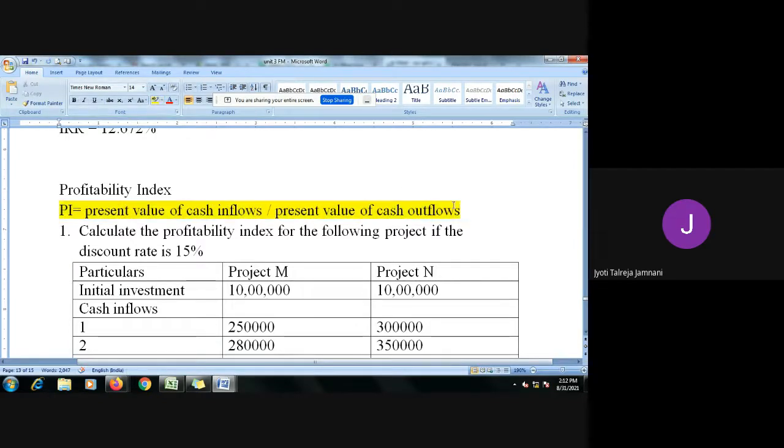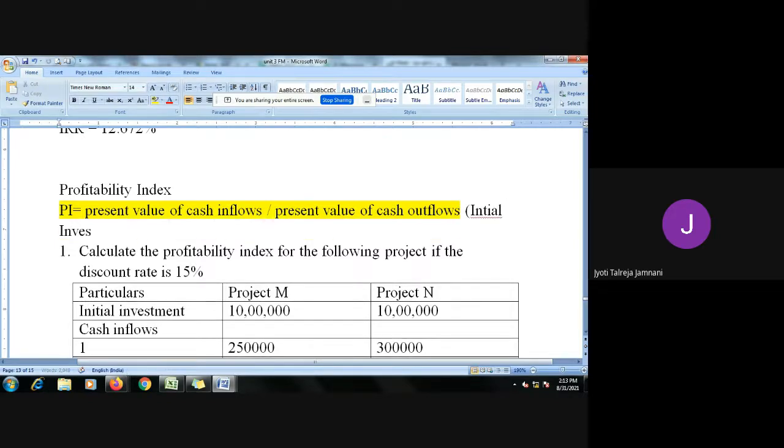Now, this is nothing but your initial investment also, because your cash outflows is nothing but the initial investment that you make in the company. So you can also say present value of cash inflows divided by initial investment, or present value of cash outflows.